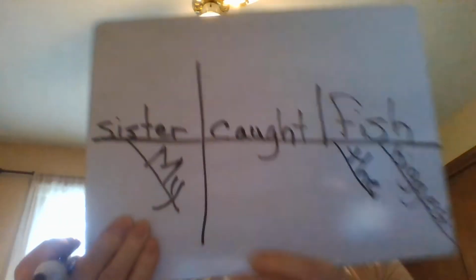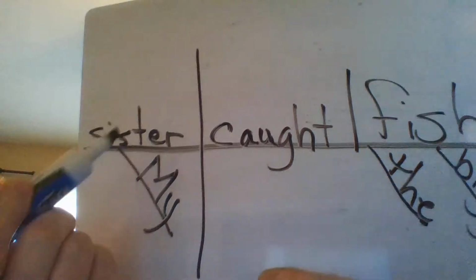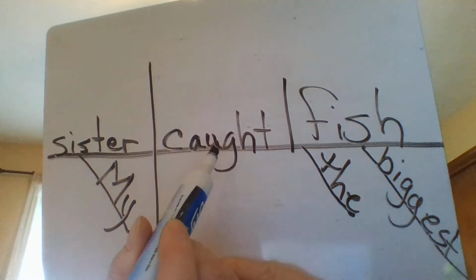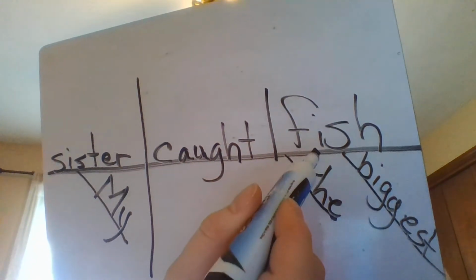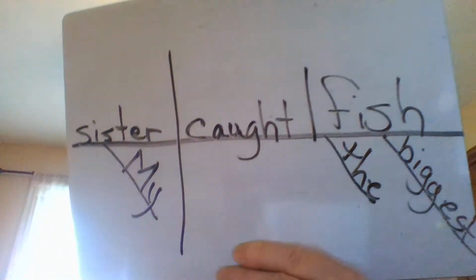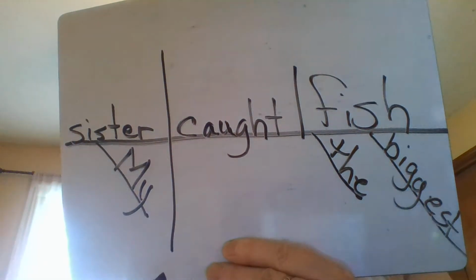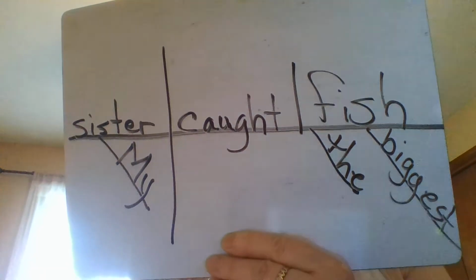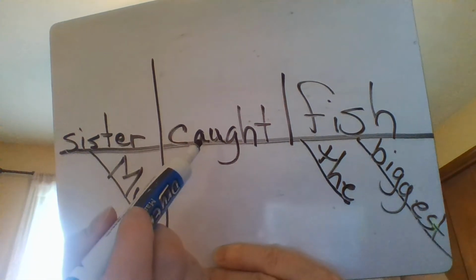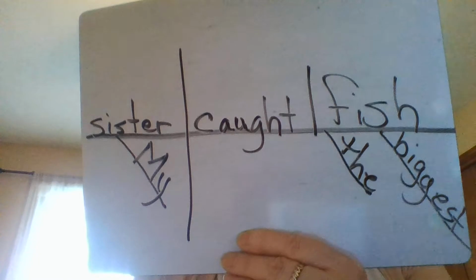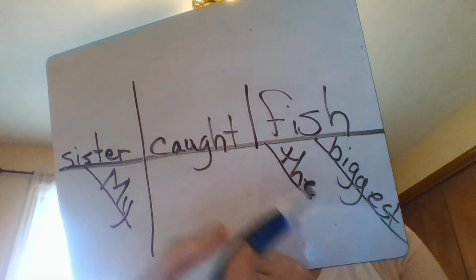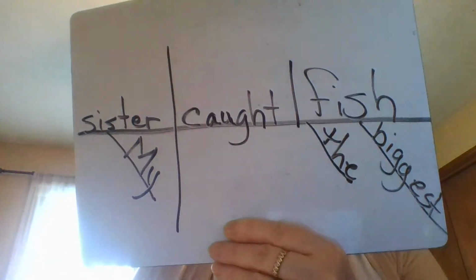Hopefully you are too. Okay, so this is what it would look like. I have sister, simple subject, caught, simple predicate, direct object, fish. Sister caught fish. I have my long line here dividing my subject and my predicate, and my short line that divides my predicate verb from the rest of my predicate. Then my tells more about sister, and the and biggest tells more about fish.